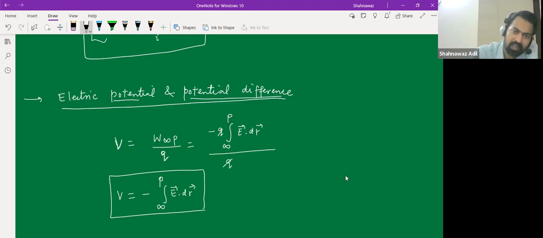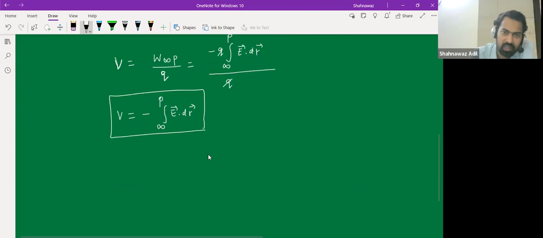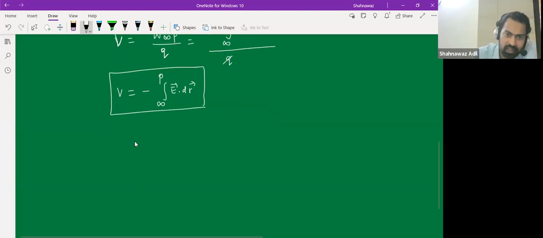So this again can be of two forms: uniform or variable. But let's say that I am taking a charge from some initial point to some final point. Then we already know that the work done in bringing a charge from initial point to final point is related to this potential, and this is Q times (V final minus V initial).